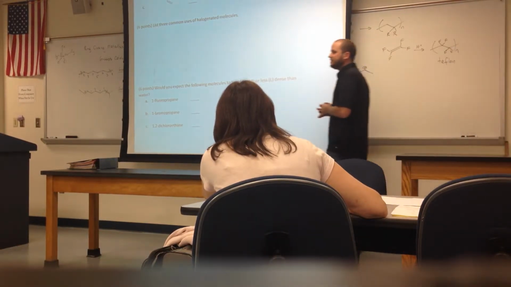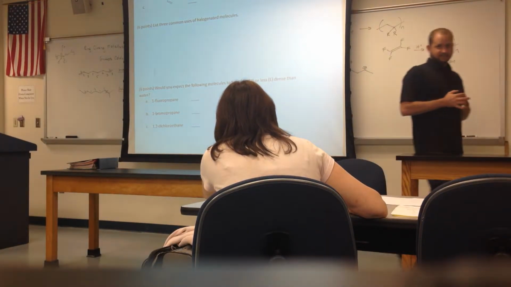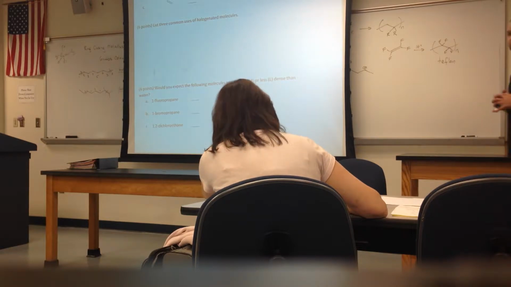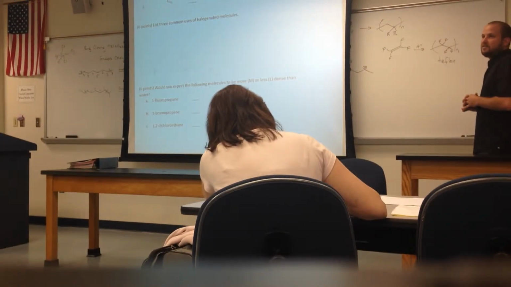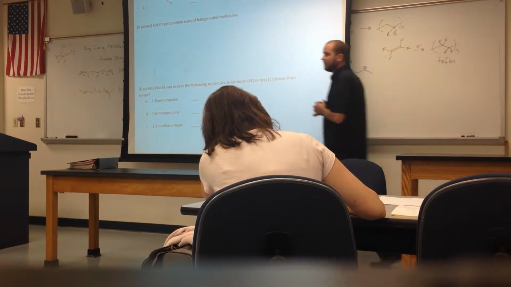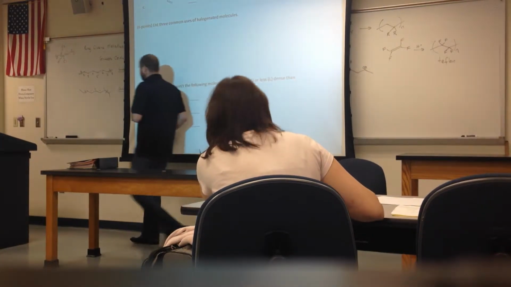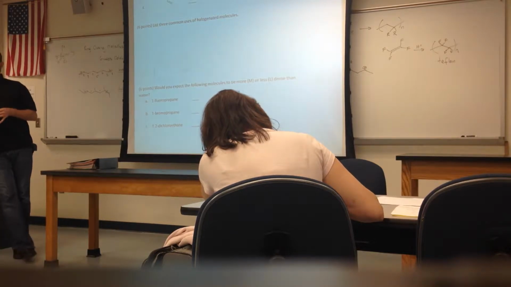So in terms of density, fluorinated molecules are almost always less dense, right? Bromo and chloro depend on how many are on there. If there's only 1 on there, they tend to be less dense. If there's 2 on there, they tend to be more dense, right? This is probably the most important one. You guys use methylene chloride in lab a lot, dichloromethane, right?